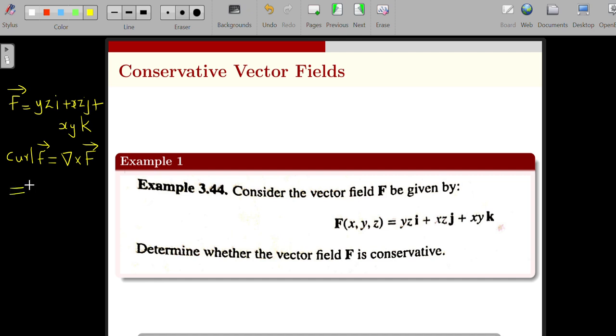It is equal to the determinant of i, j, k, dou by dou x, dou by dou y, dou by dou z, and the components of F, yz, xz, and xy. This is the expression for curl of a vector field.